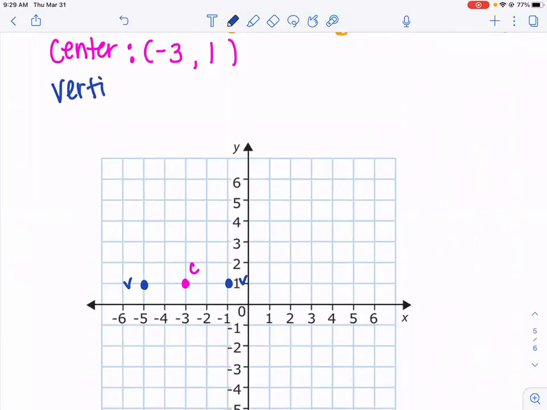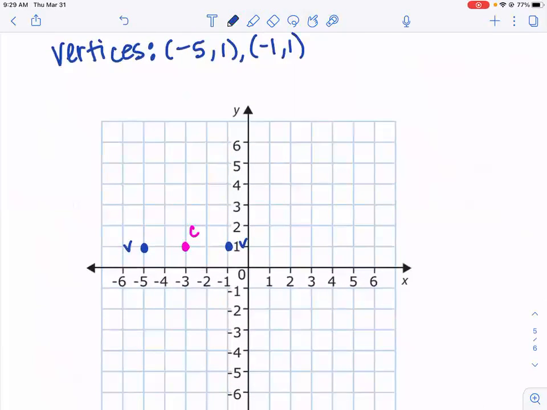So vertices: -5, 1, and -1, 1. Everything is from the center. All of our distances are from the center.